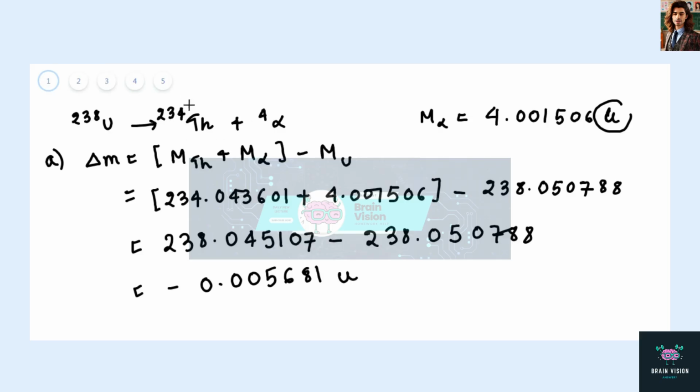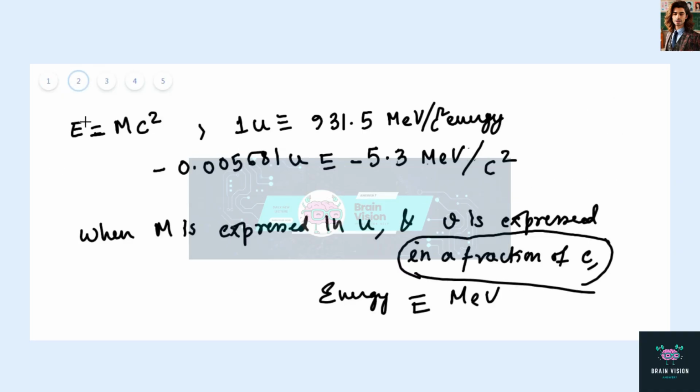So you subtract the total mass on the right from the total mass on the left, and you are left with a negative value of some atomic mass. Now to find the energy, you use Einstein's relation of E equal to mc square, which says that every U of atomic mass when destroyed gives rise to this much of energy. So we have this much of it, and that will be then our answer. 5.3 MeV of energy has been produced in this reaction.